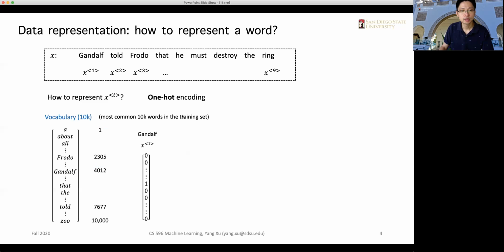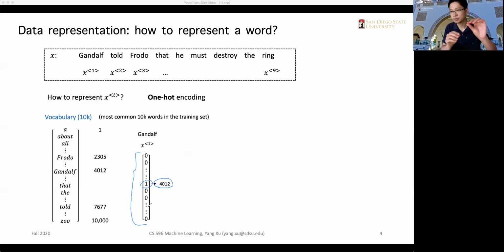Okay. So now what we can do is to represent the word Gandalf with a long vector that has 10,000 elements in total. And there's only one non-zero element at the 4012 place in that long vector.